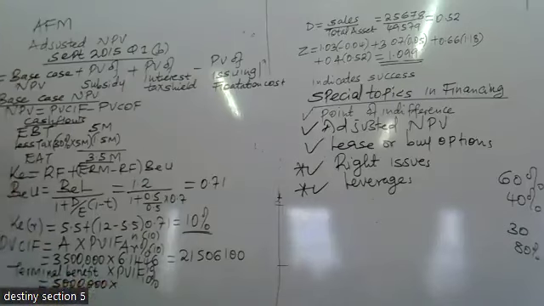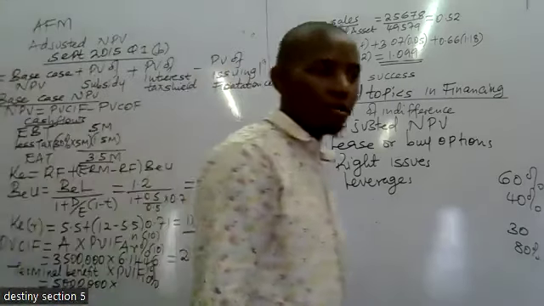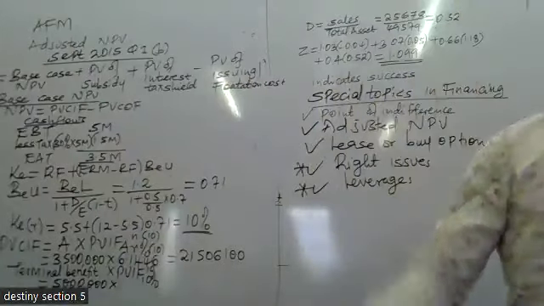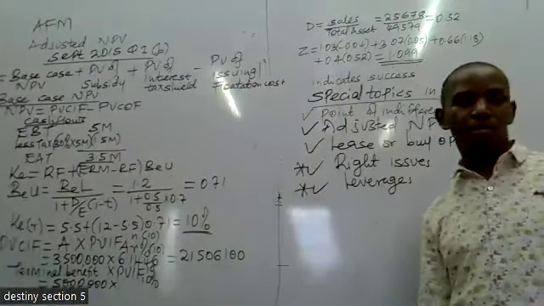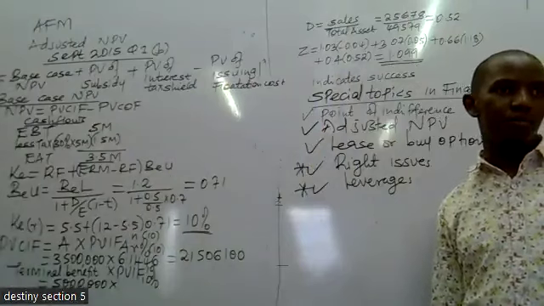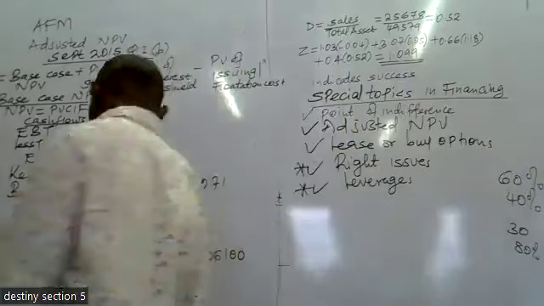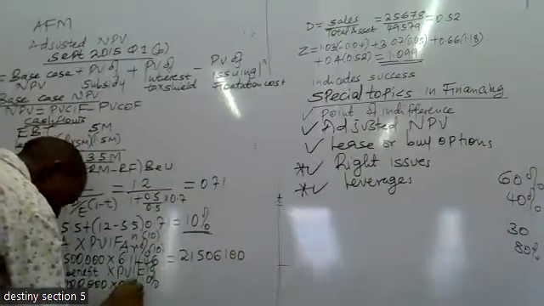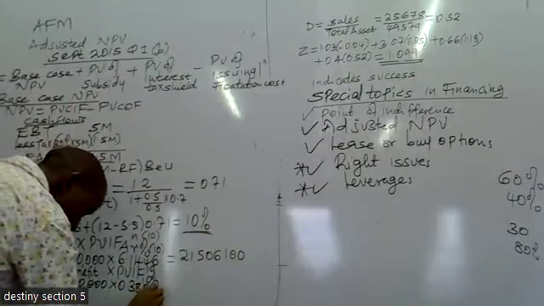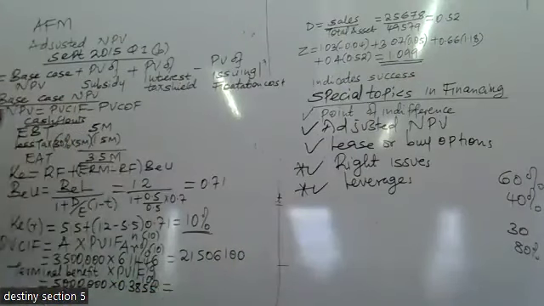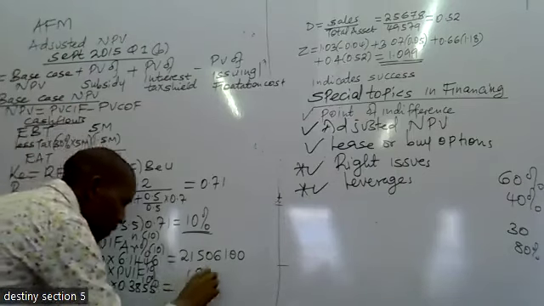Remember, for a single period we use the first table. 10% in year 10 gives 0.3855. If you multiply that, how much is it giving you? 1.927 million.